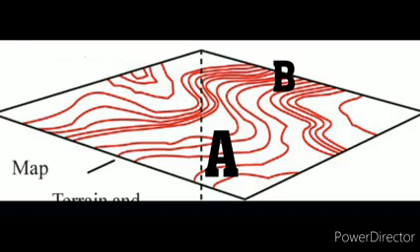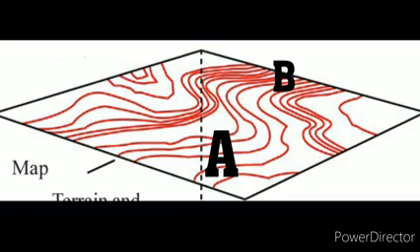In the location A, the contour lines are farther when we compare with the location B, where the contour lines are nearer. The closely spaced contours represent steep slopes and the widely spaced contours represent gentle slopes.